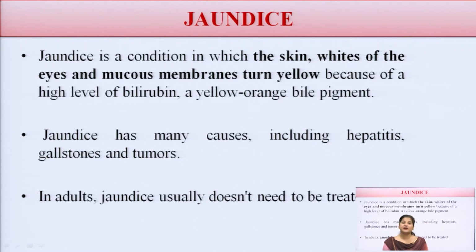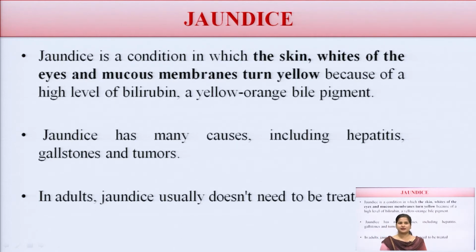Whenever a person's color changes from normal to yellowish, this is the first symptom by which the person is diagnosed with jaundice.